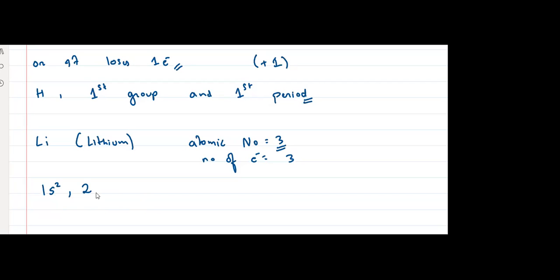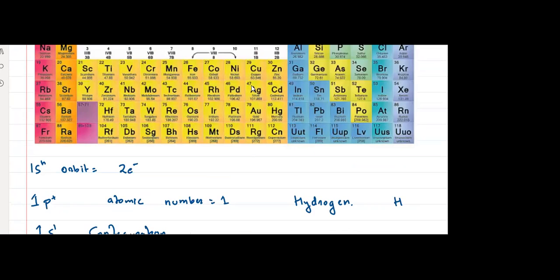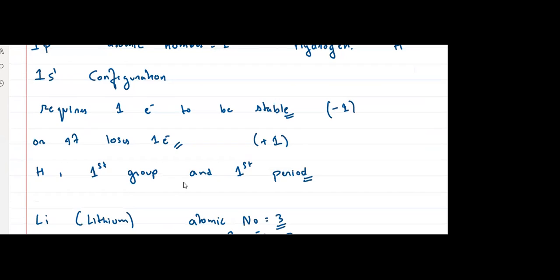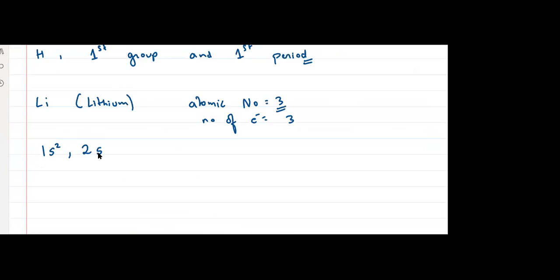S. The s is filled first, then the p is filled. We saw that first we fill 1s, then 2s. Now how many electrons are left? Sir, 1. So 1, right? Got it?